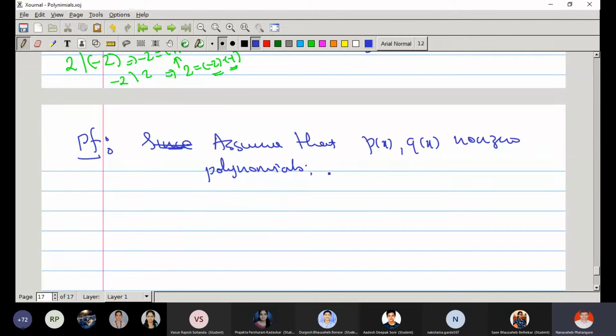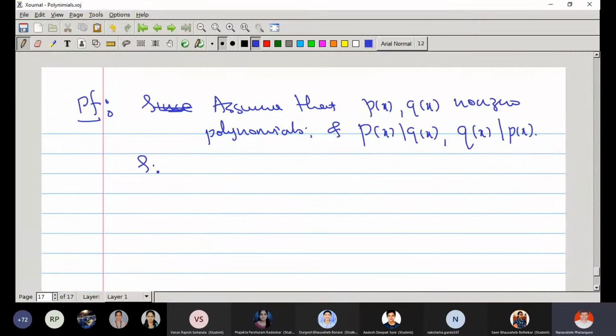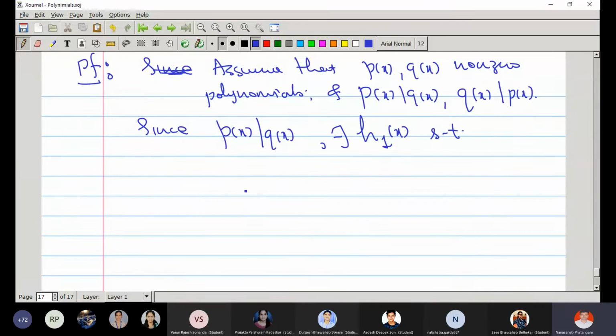They divide each other. Since p(x) divides q(x), there exists another polynomial h1(x) such that, by the definition of divides, p(x) is a factor of q(x). So there is another factor h1(x) such that q(x) is equal to p(x) times h1(x).